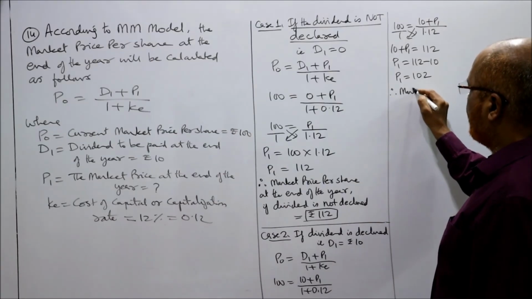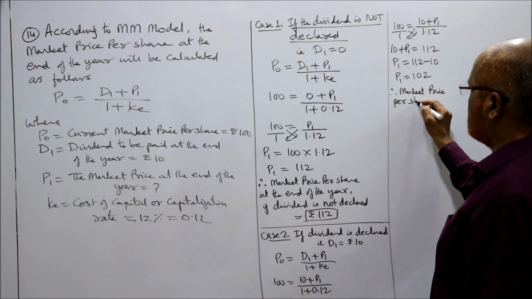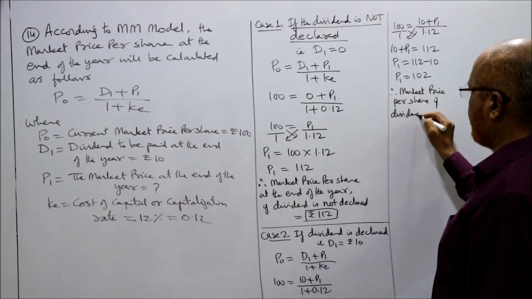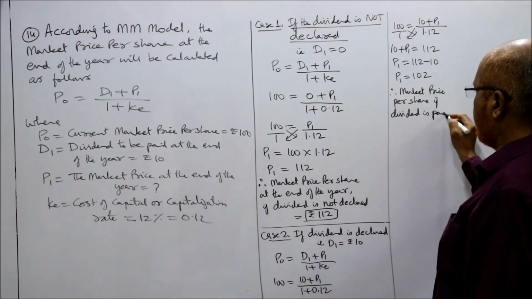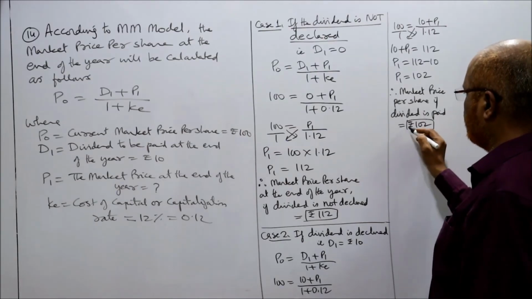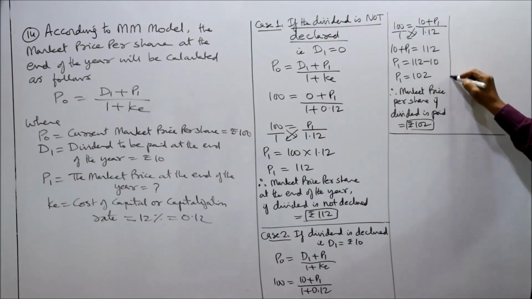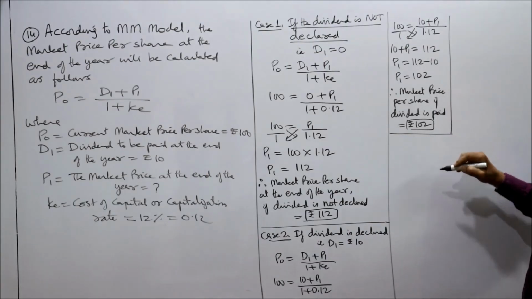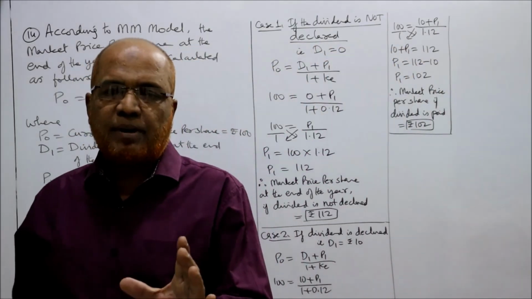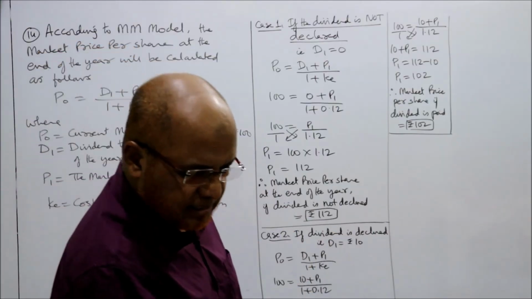Therefore, market price per share, if dividend is paid, is equal to rupees 102. That's the first part we have completed. What is the market price of share at the end of the year if dividend is not declared and if dividend is declared, both.